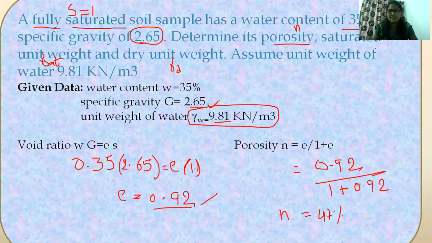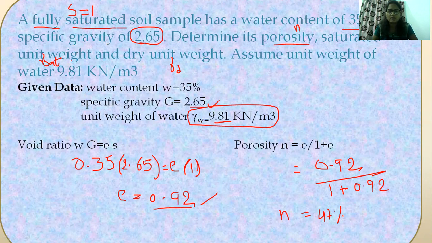First of all, you can understand the concept and what are the formulas and what are the abbreviations. So here given abbreviation, specific gravity, the letter is G, and porosity. So porosity means, what is the formula for porosity? We can know that porosity, N is equal to N, and saturated unit weight.